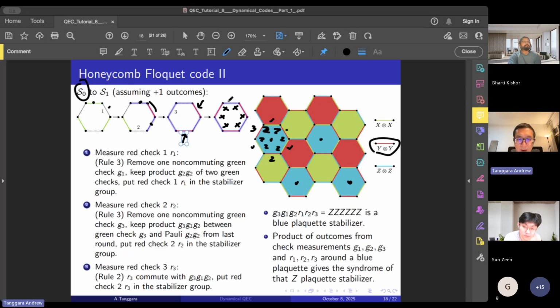But I can just take the product of these 6 qubit X's with these red Y checks, right? Then I'm going to get, sorry, it's Y. So I'm going to get this 6 qubit Z stabilizer, which is basically this blue plaquette Z stabilizer.